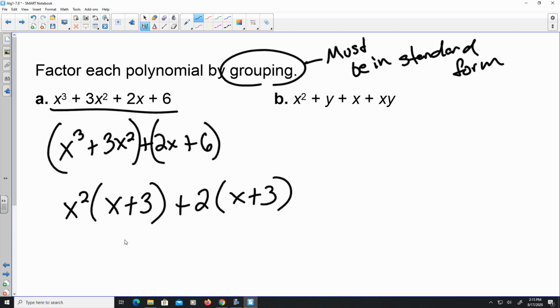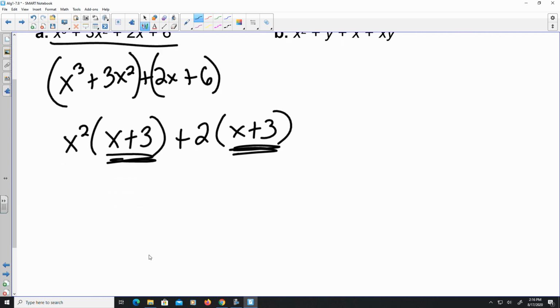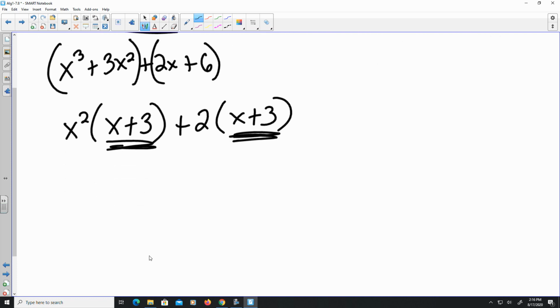Now, whatever's inside these two parentheses should be the exact same. If not, we did something incorrect. What this means is we now have a common binomial. Whatever that common binomial is, you're going to write it in.